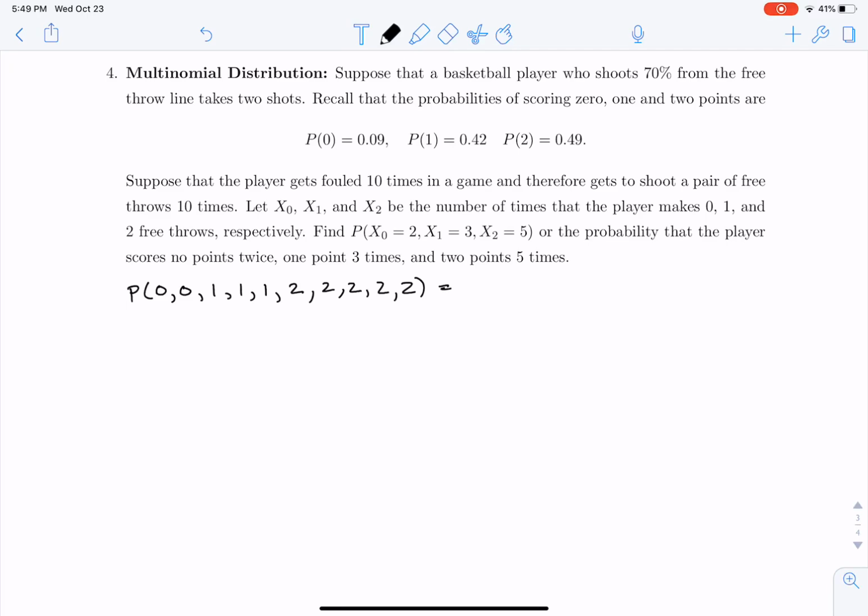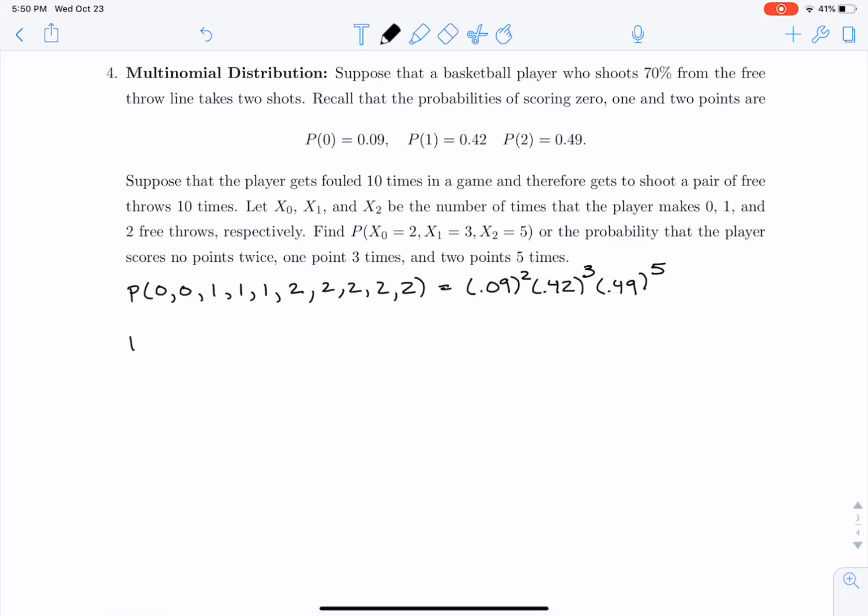Because the free throws are independent, we can assume that this probability is 0.09 squared times 0.42 cubed times 0.49 to the 5th. But that's only one way that x0 can be 2, x1 is 3, and x2 is 5.